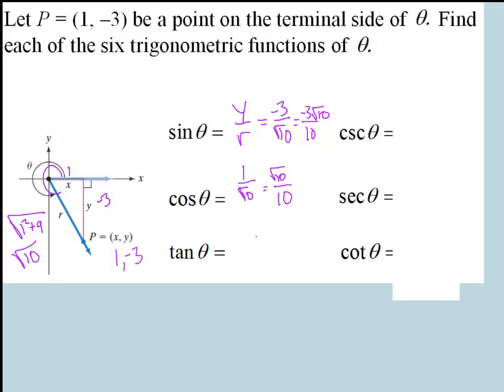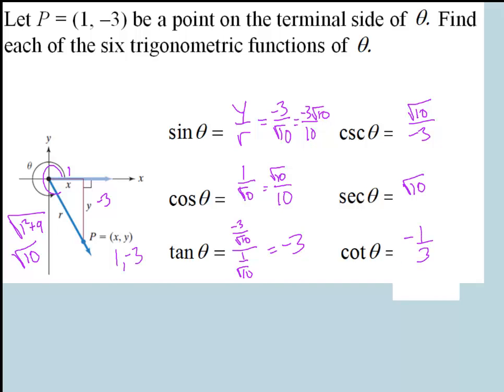Tangent is sine over cosine, so that's -3 over radical 10 over 1 over radical 10. The radical 10s cancel out, so it's just -3 over 1, or -3. Cosecant is the reciprocal of sine, so it's the square root of 10 over -3. Secant is the square root of 10 over 1, or just the square root of 10. And cotangent will be -1/3.